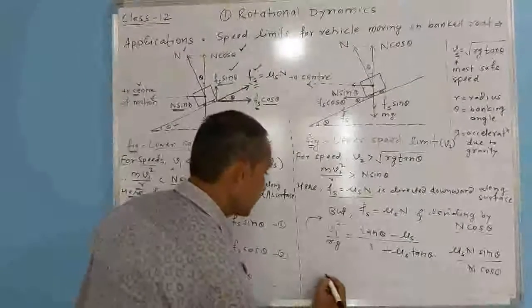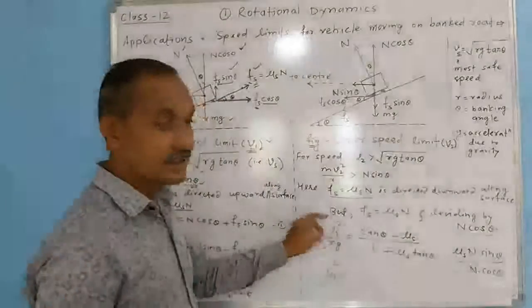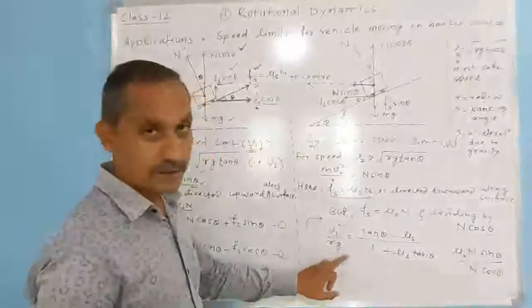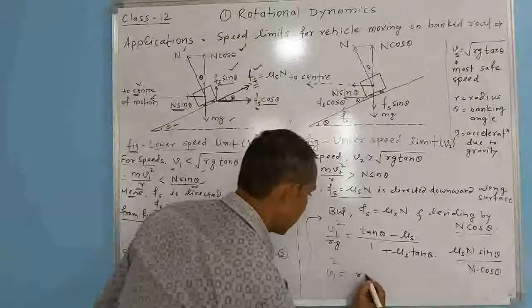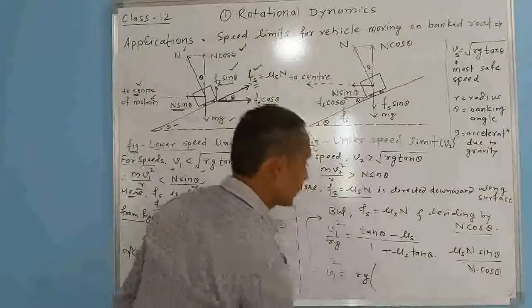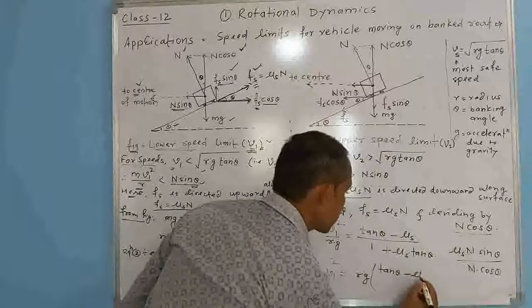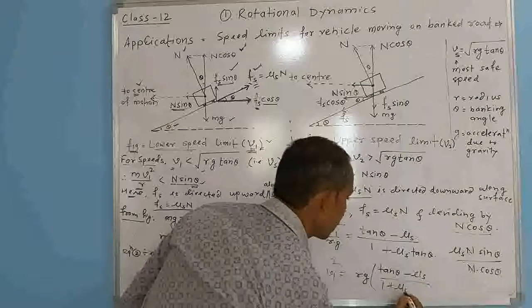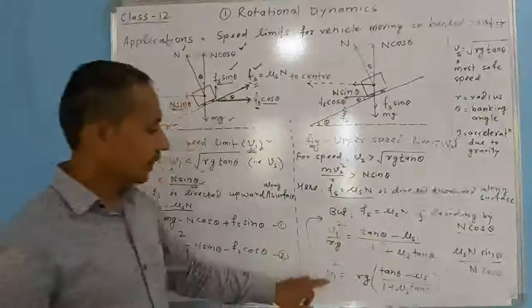Then rearranging the equation, V1 square divided by Rg. Transfer Rg towards the right hand side: V1 square is equal to Rg multiplied by the bracket, tan theta minus mu s over 1 plus mu s tan theta.